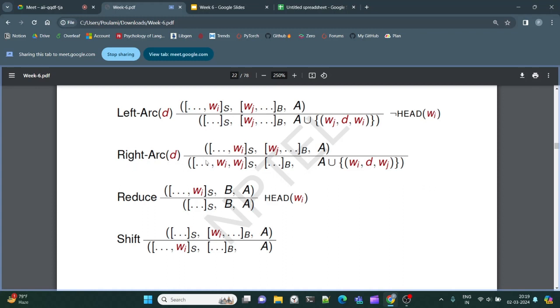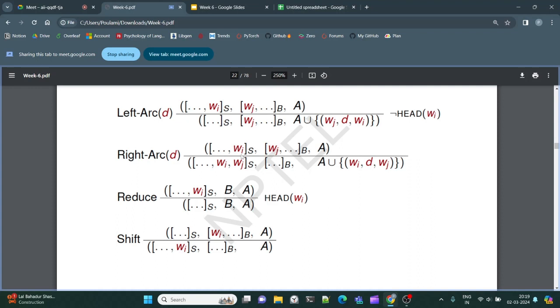Similarly, right arc happens from the top of the stack to the top of the buffer, so from wi to wj, that is how it would happen. So note the direction, note how we are operating. We are always operating on words that are on the top of the stack and on the top of the buffer. We are not taking intermediate words, or words placed before wi in the stack, or words placed after wj.